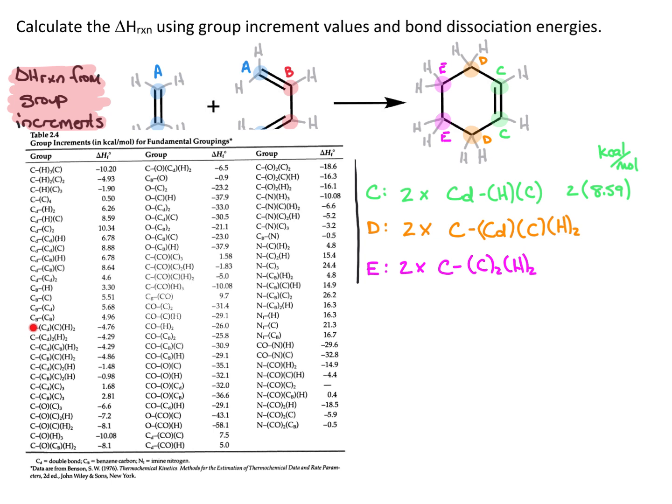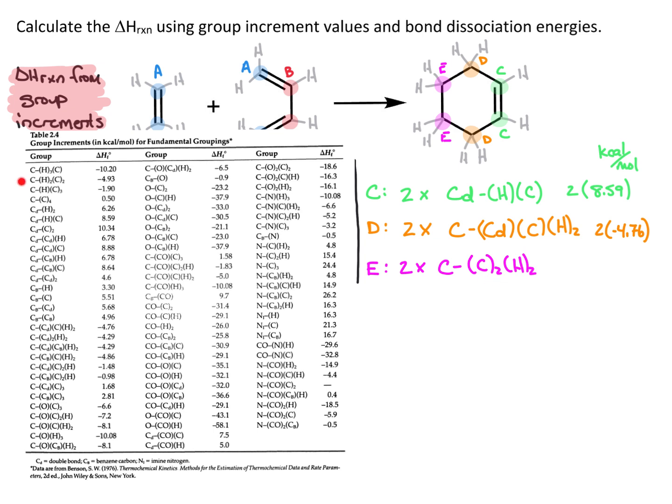Here's the carbons bonded to carbon doubles, and C, H2, so that is negative 4.76. There's two of those. All right, and then finally type E is just a regular carbon bonded to C2H2.